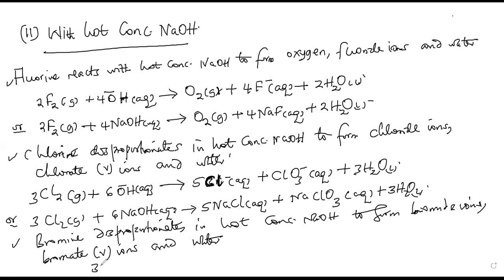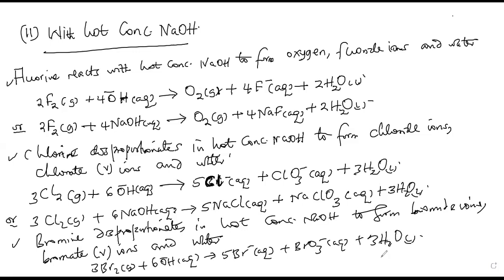So you have 3 bromine plus 6 hydroxide. You form 5 bromide ions plus bromate 5 ions and 3 water molecules.